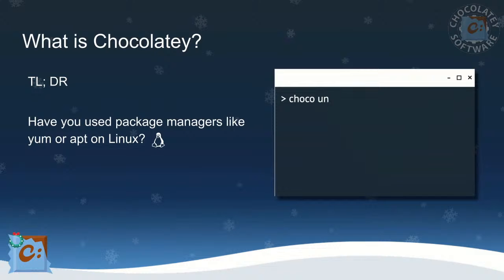Well, if you have, it's simply that type of package manager, but for Windows. Now, that's the short TLDR version. Of course, we have a little bit of a longer version that I'll cover, and then Rob will spend some time here with us going into the detail of what that means over the next couple of slides.